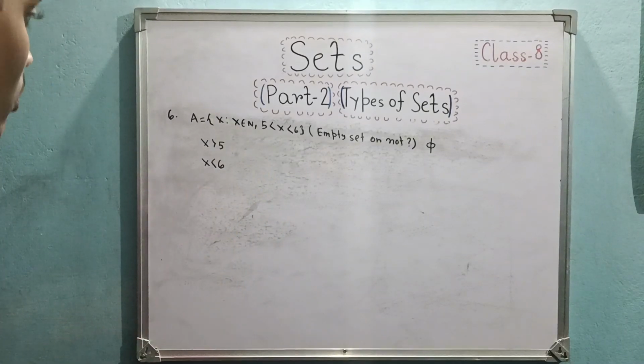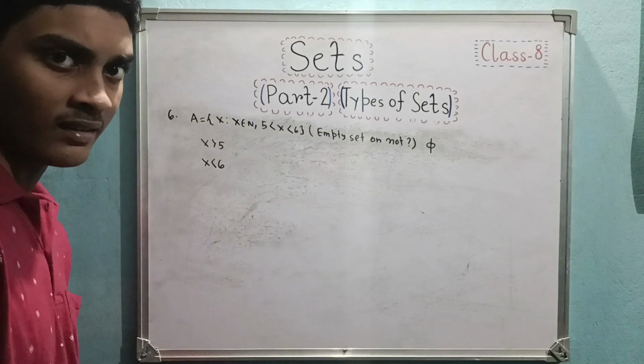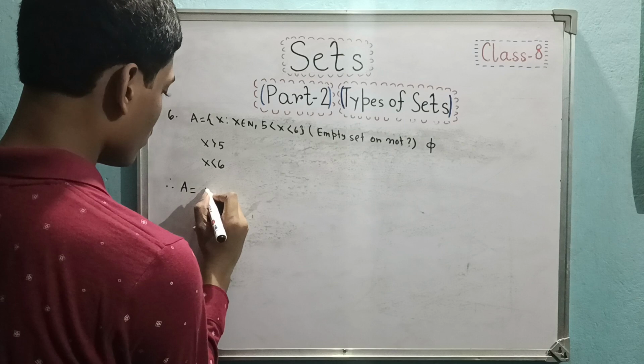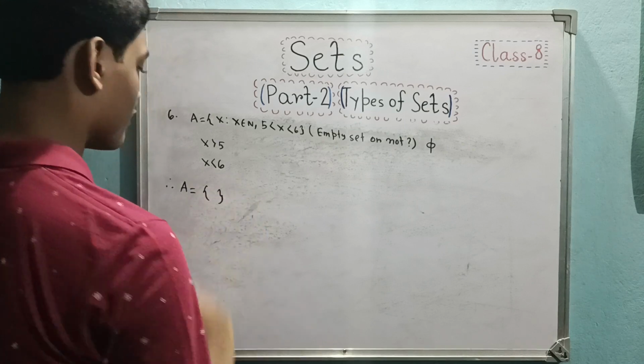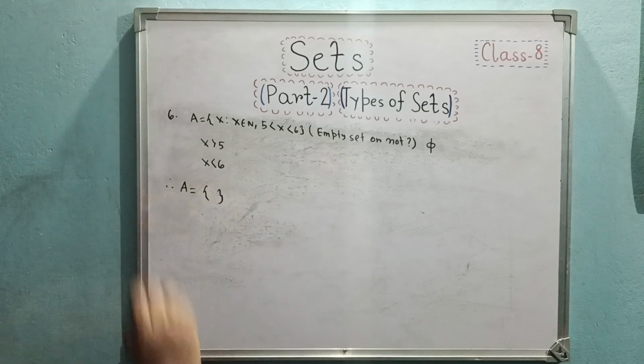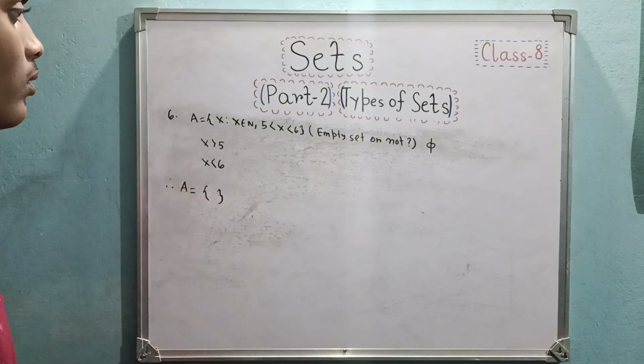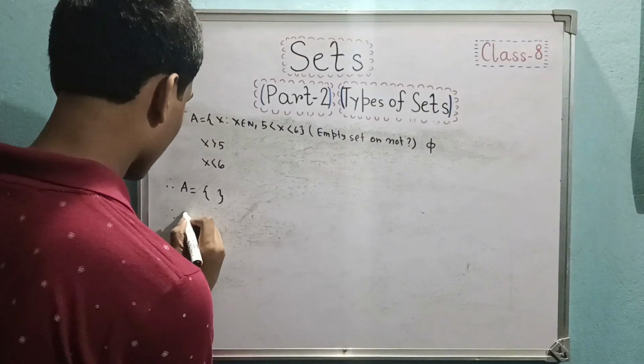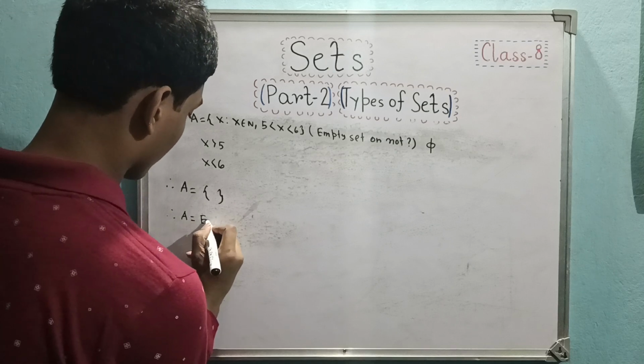But natural numbers, no natural number is between 5 and 6. Therefore, A is an empty set. This means empty. We don't have any element here. And what if we don't have any element? It's an empty set, very easy. Therefore, A equals the empty set.